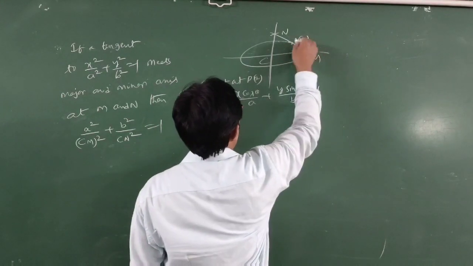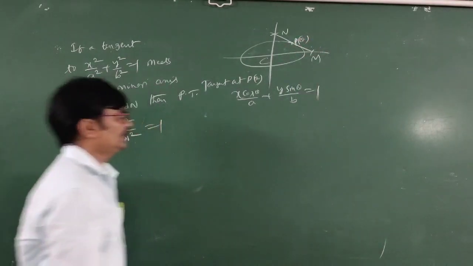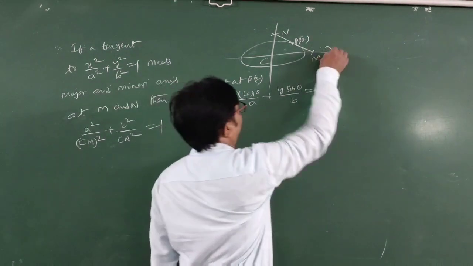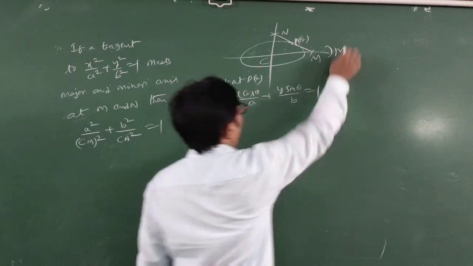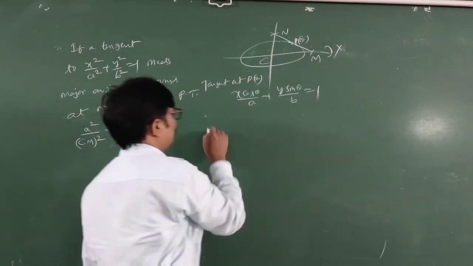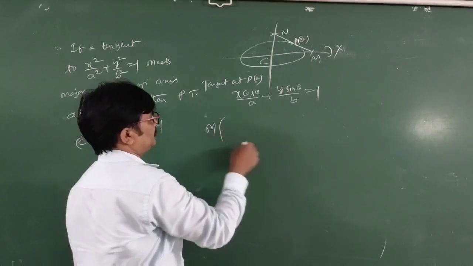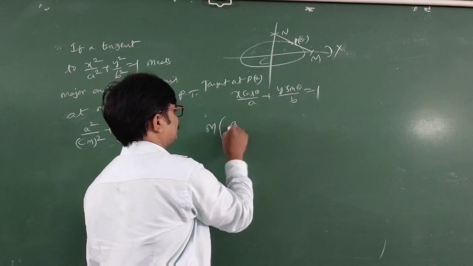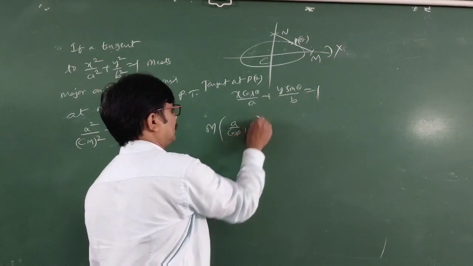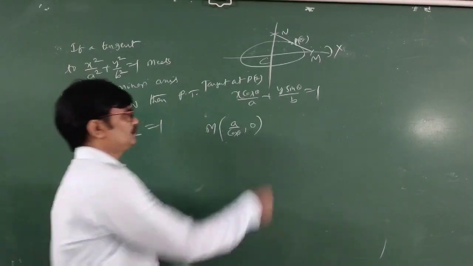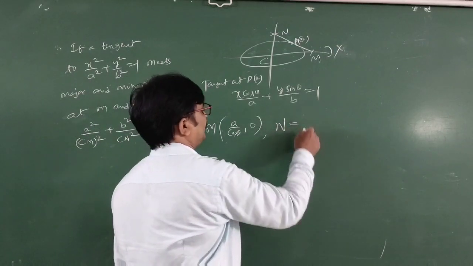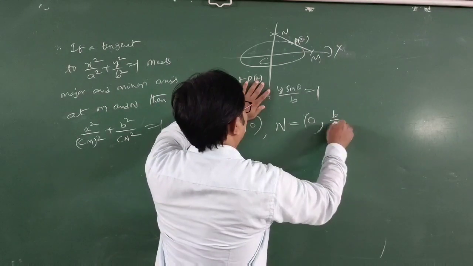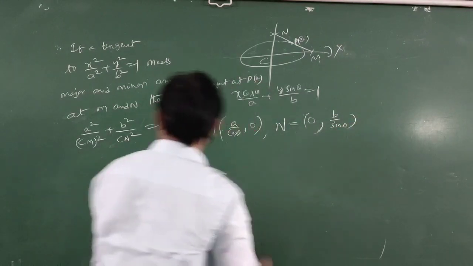On the x axis, y is 0, so M is (a by cos theta, 0). Similarly N: x is 0, y is b by sin theta.